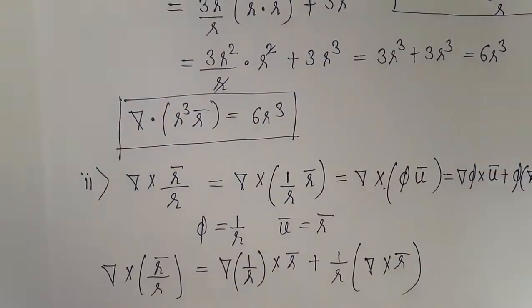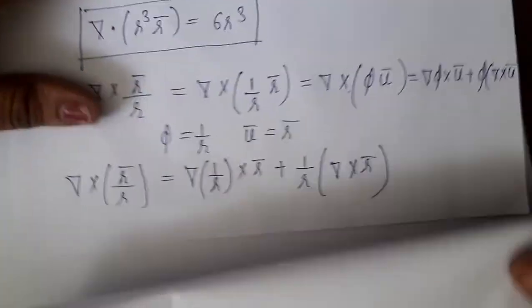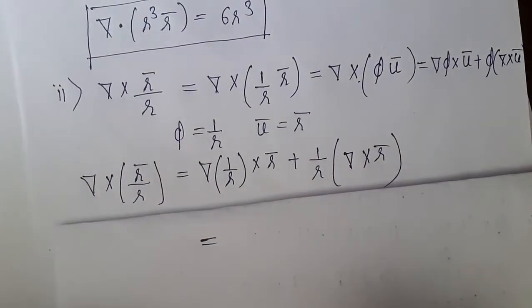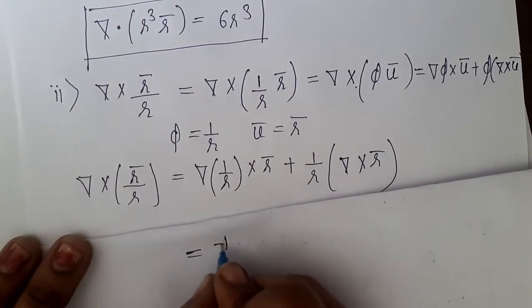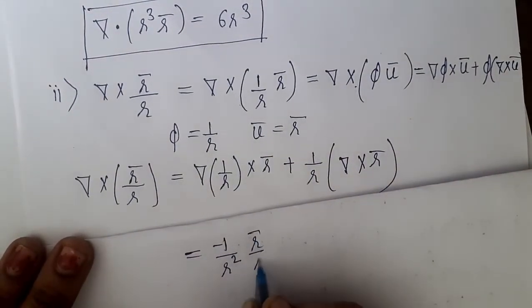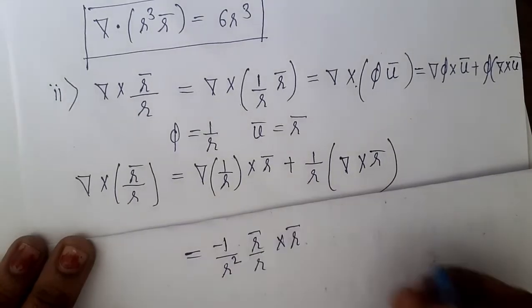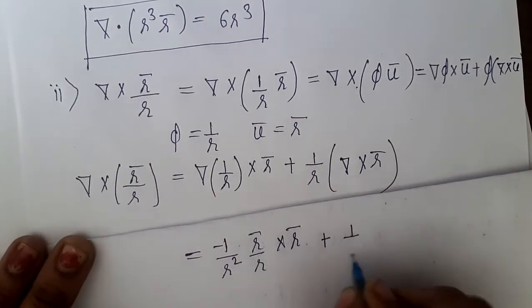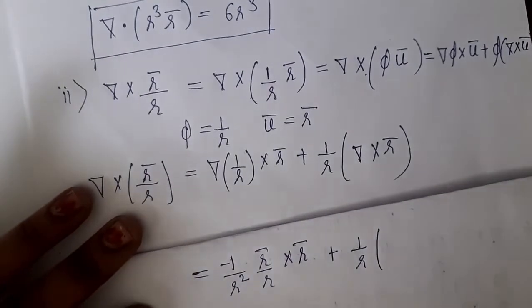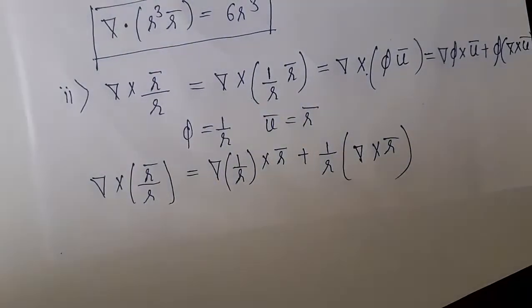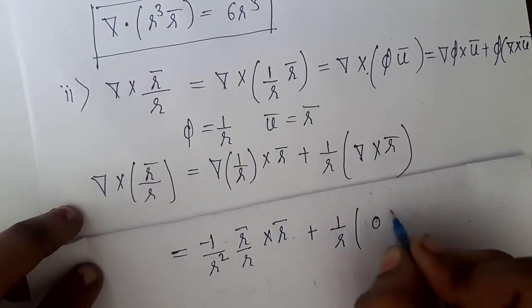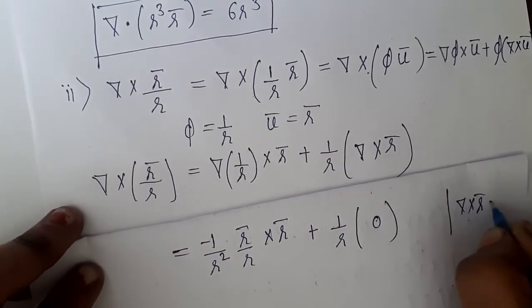What is del of 1 by r? The derivative of 1 by r is minus 1 upon r square multiplied by the derivative of r, which is vector r divided by r, cross product with r bar, plus 1 by r as it is, del cross r. Del cross r is equal to 0.